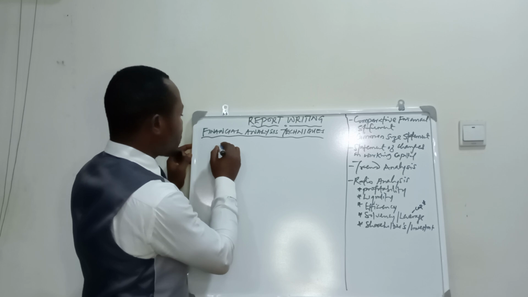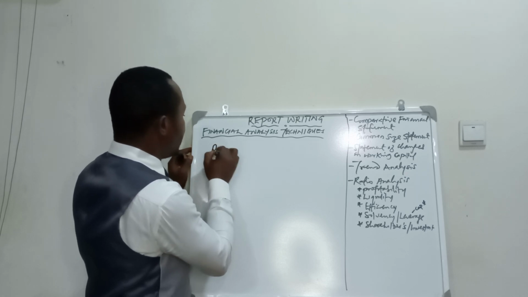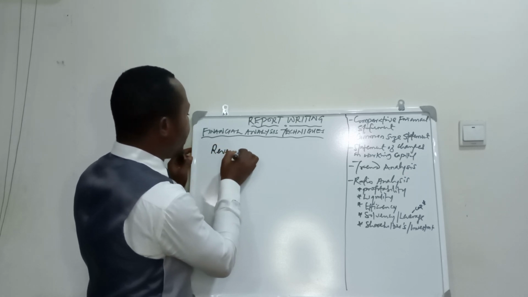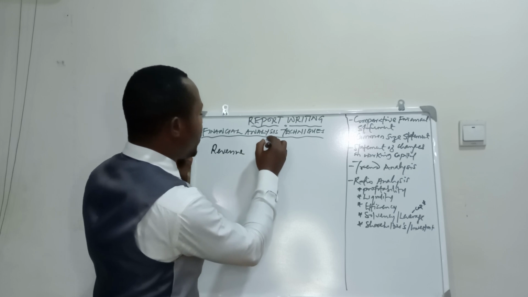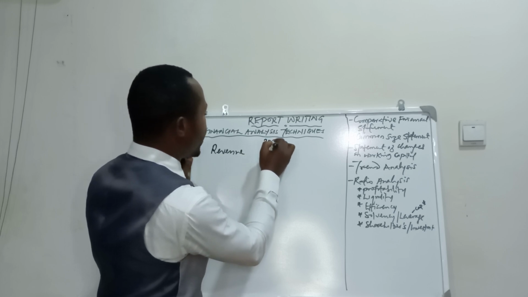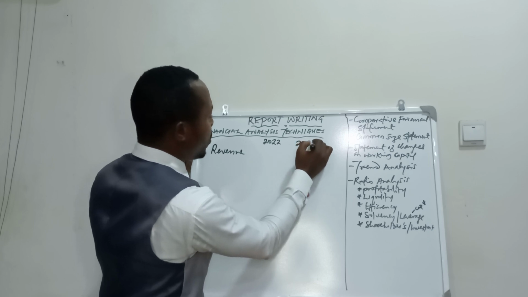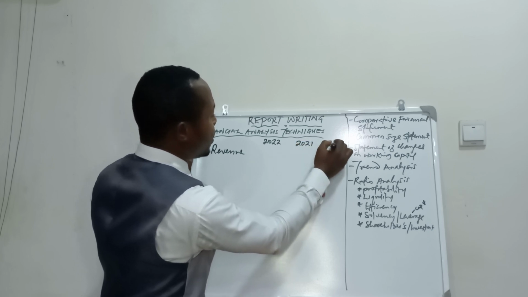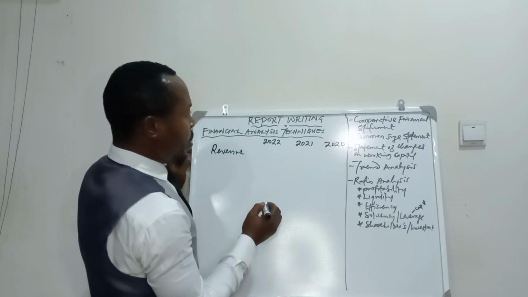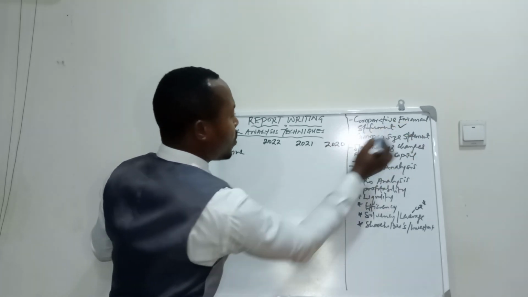For example, if you state revenue, you say 2022, you have 2021, and you have 2020. This is the one we are talking about now.